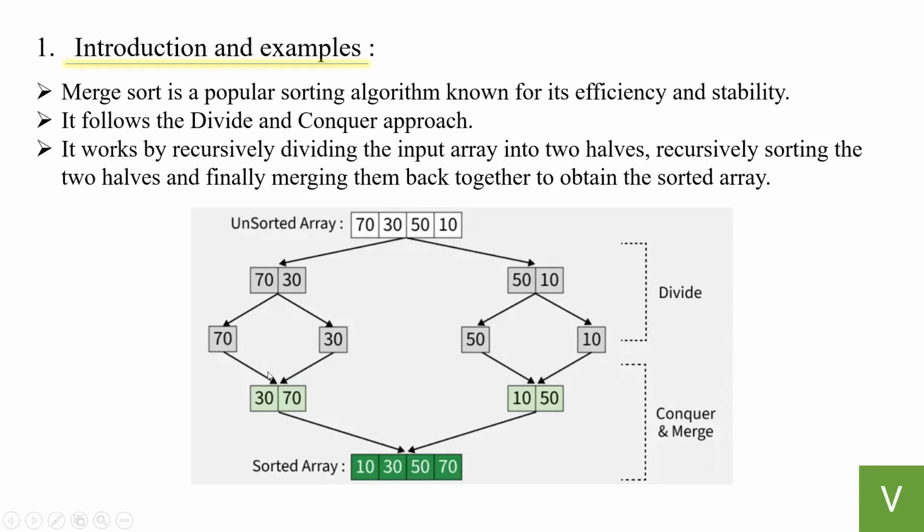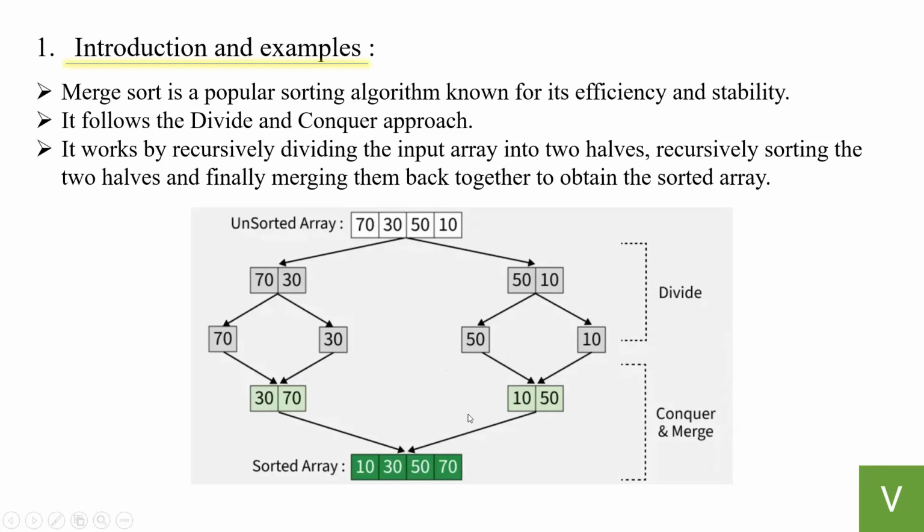So now again we will combine them after sorting. So now we'll compare 70 and 30. Here 30 is smaller, so 30 is first, followed by 70. Again, same process here. We'll compare 50 and 10. Here 10 is smaller, so the first element is 10 and the next element is 50. So repeat the same process.